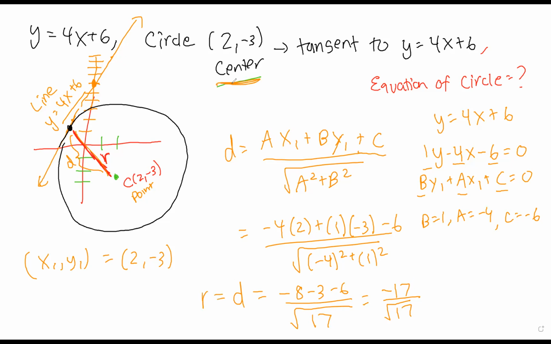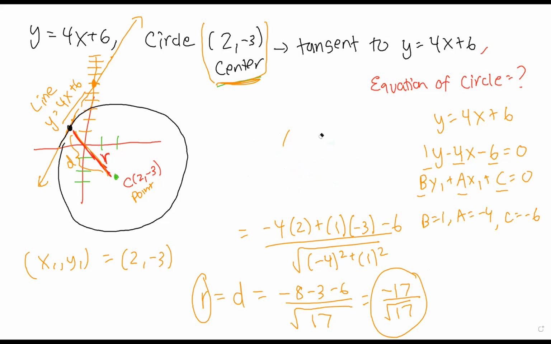Perfect. We have the center and we have our r. Now we can plug it back into the equation of the circle formula. So I'm going to erase this now and plug it in to get our final answer.